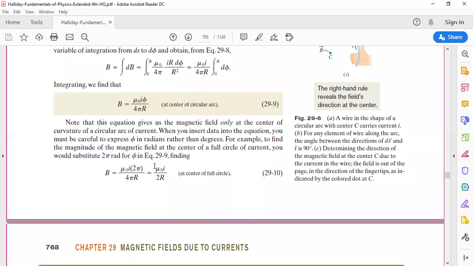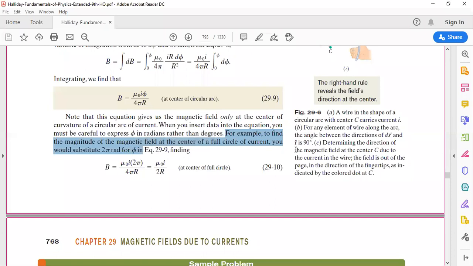Now this is the case for 0 to 2 pi, to find the magnitude of the magnetic field at the center of a full circle. Focus on this highlighted portion. You are given the condition that you have to find the magnetic field at the center of a full circle of current.